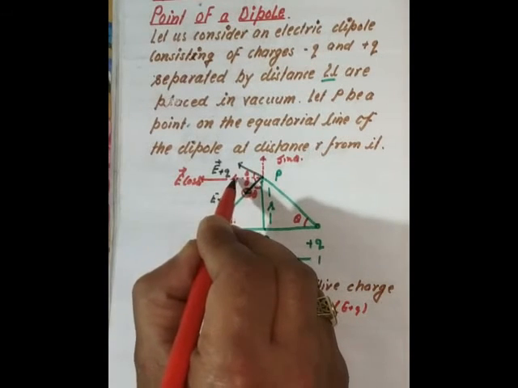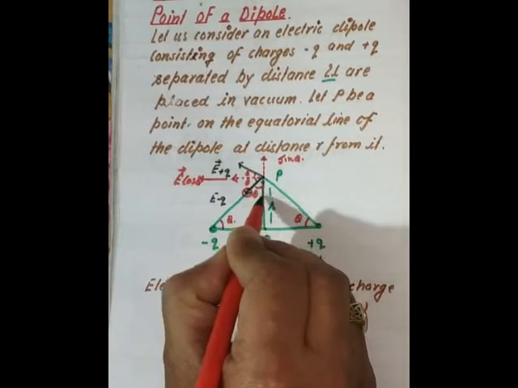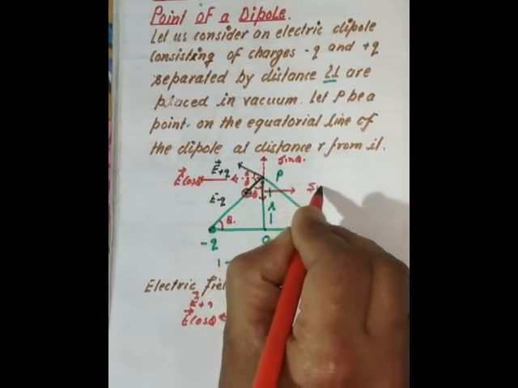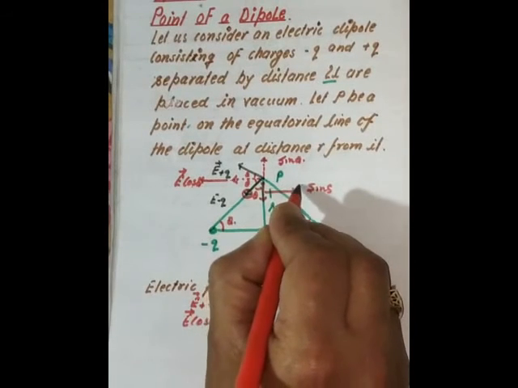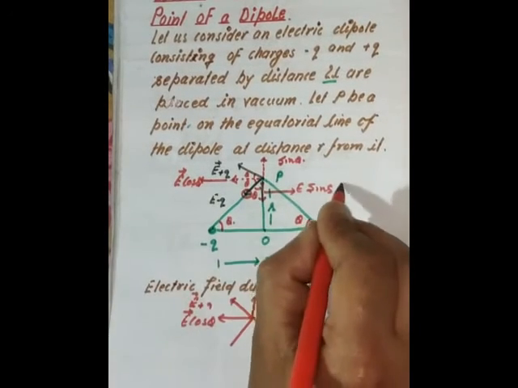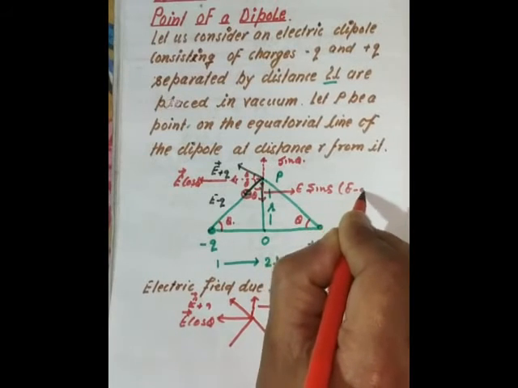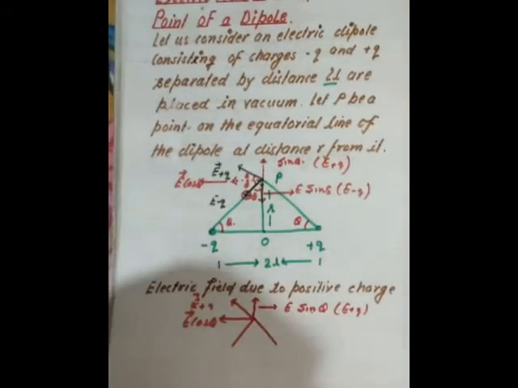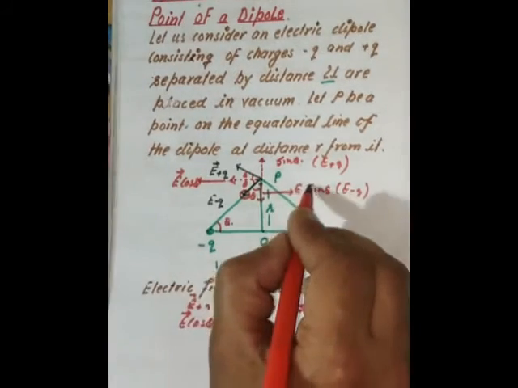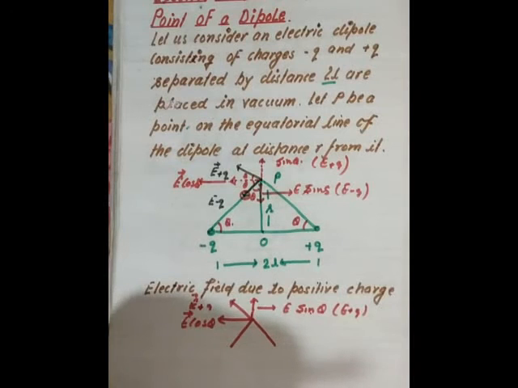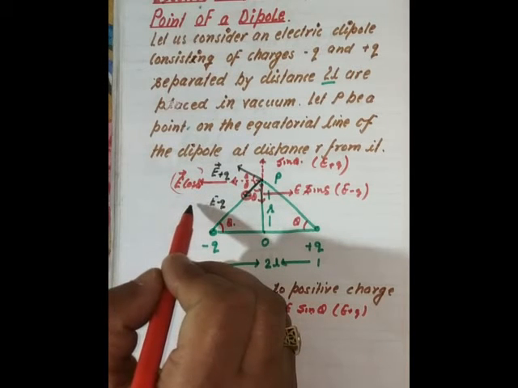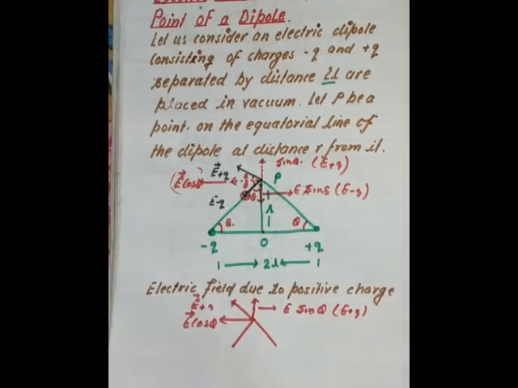This is E cos theta, and in the inward direction it is E sine theta by the negative charge. These two sine components should cancel out because they work in opposite directions. So the net electric field is in the axial direction.